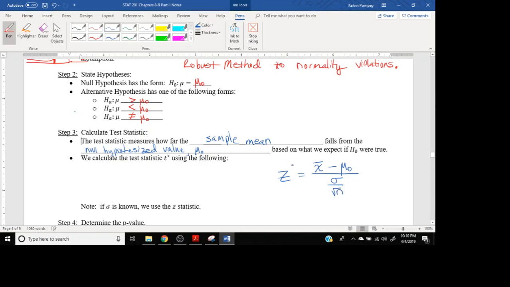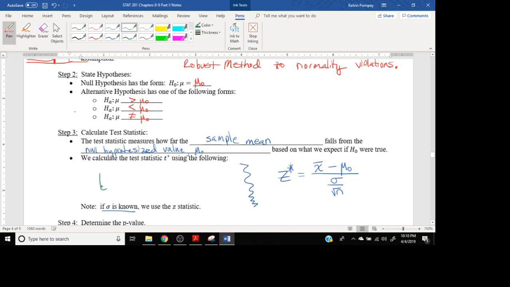All right. So this is a z statistic. This is used if sigma is known. Remember, your sigma is your population standard deviation. In most cases, that is not the truth. We don't know sigma, and so we use t.